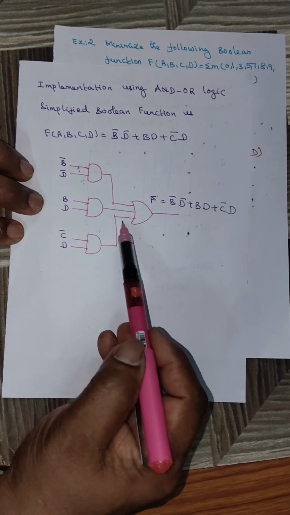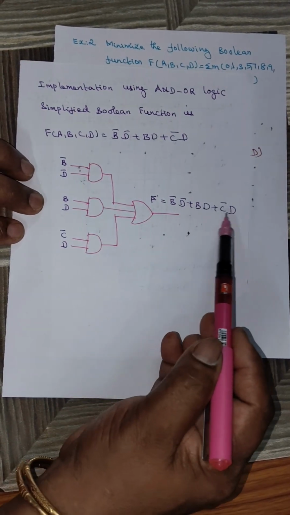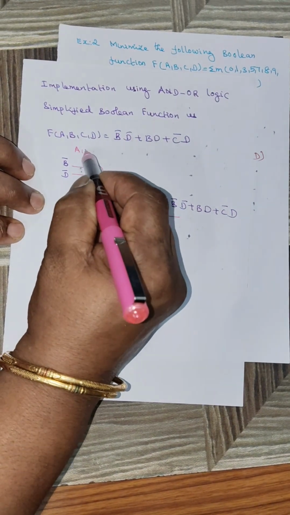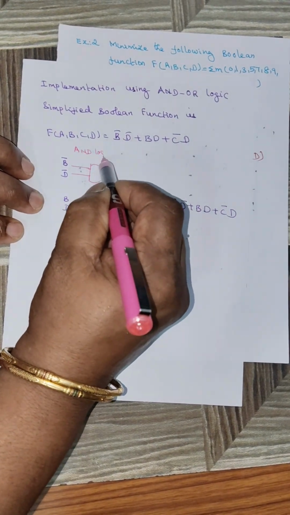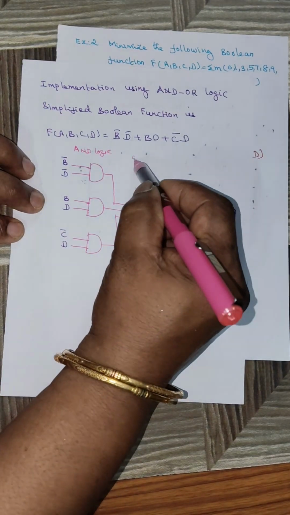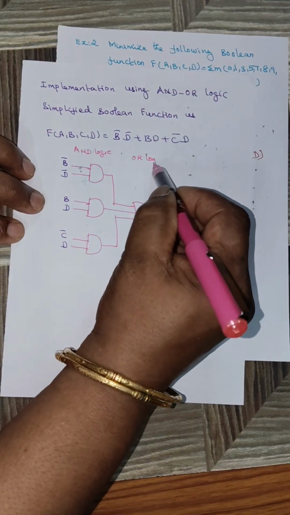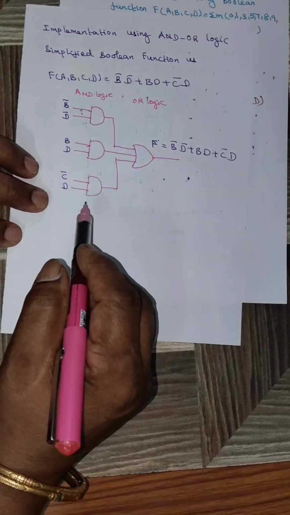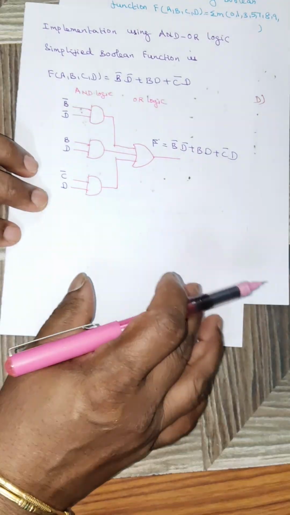Finally, all the 3 outputs are added together to form the final simplified expression. So at the first level we are using AND logic, and at the second level we are using OR logic. So for every simplified Boolean SOP function, we have to use AND OR logic for the final implementation.